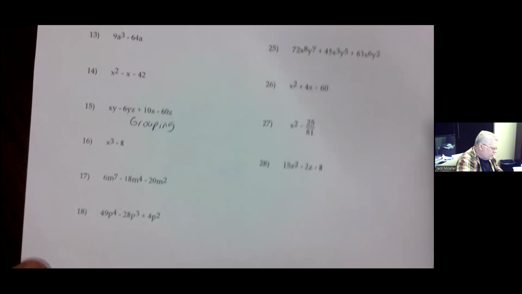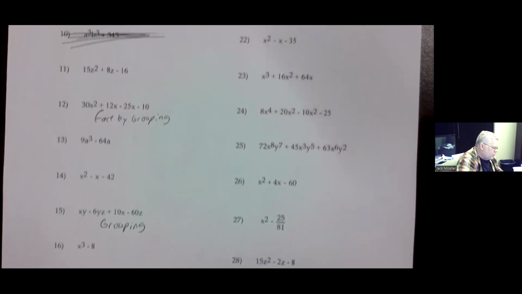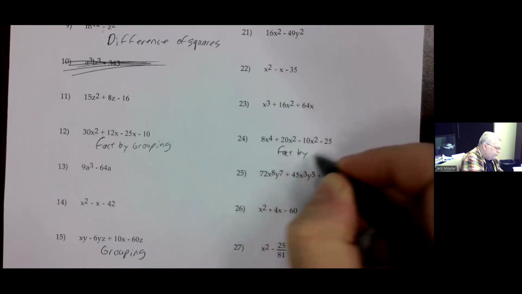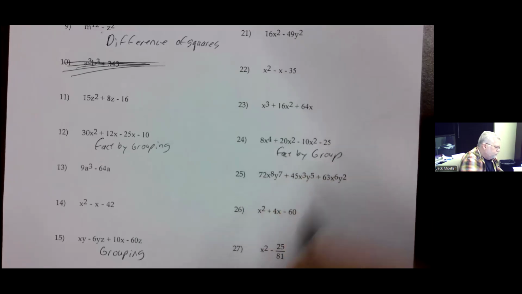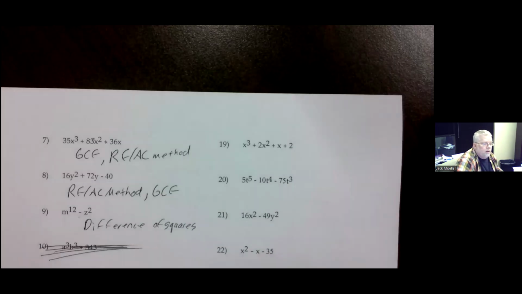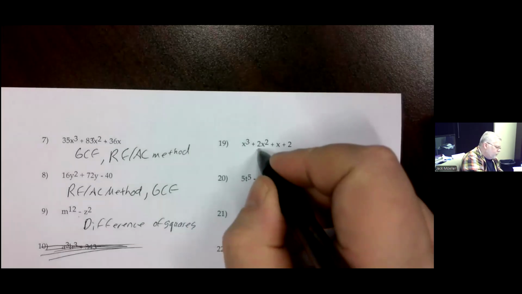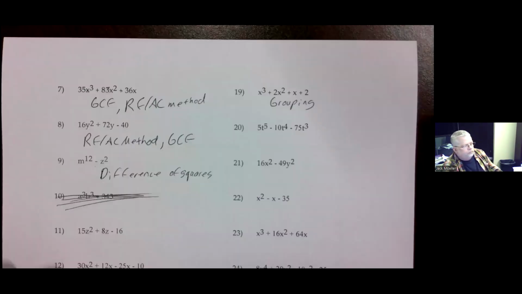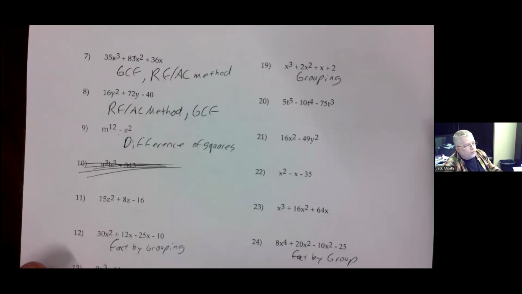What else on this page? 24 is factor by grouping. And 19. So all of those have 4 terms, so those are all factor by grouping. Right? So once we go through the technique, then we have narrowed down exactly how we factor.